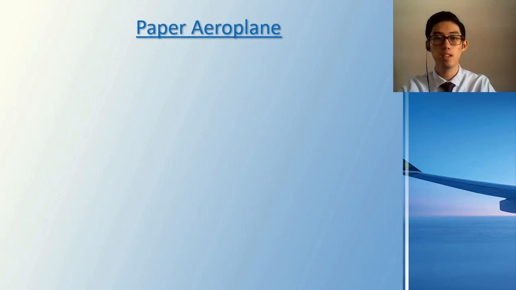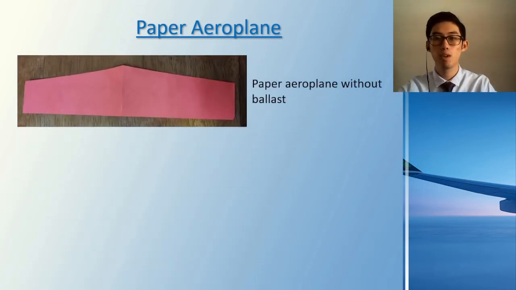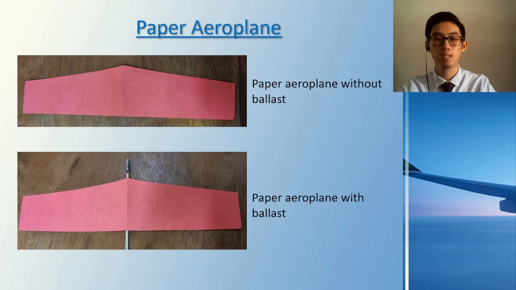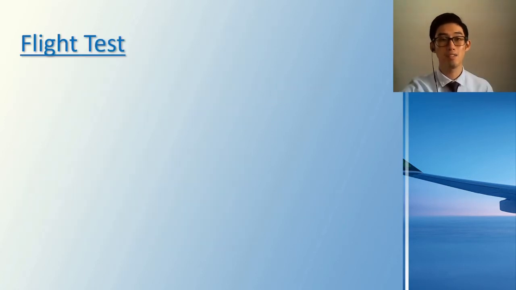The first one is paper aeroplane without ballast. The second one is paper aeroplane with ballast. I use a bolt as the ballast. My bolt weighs 4 grams. I conduct the flight test 10 times for both paper aeroplanes. Below is the video of the flight test for both paper aeroplanes.